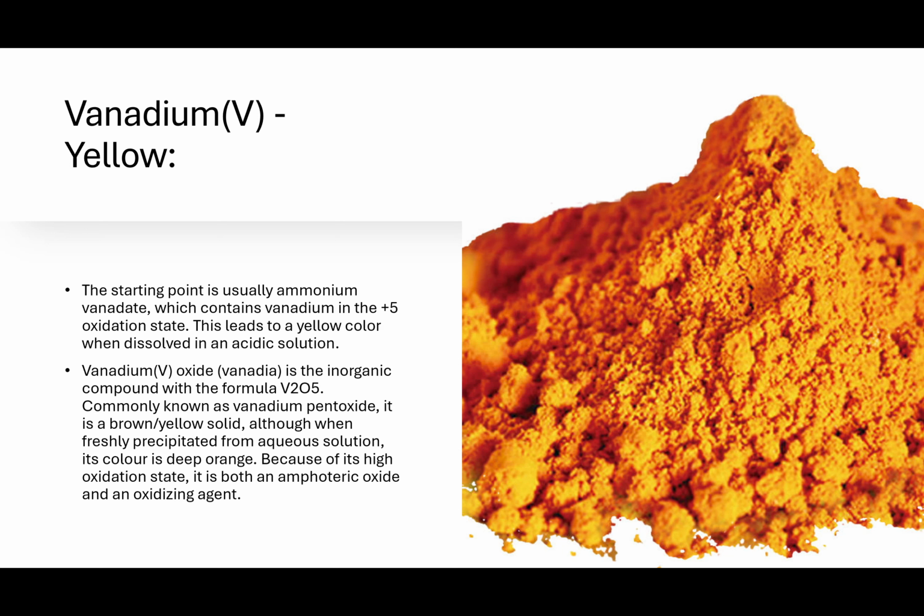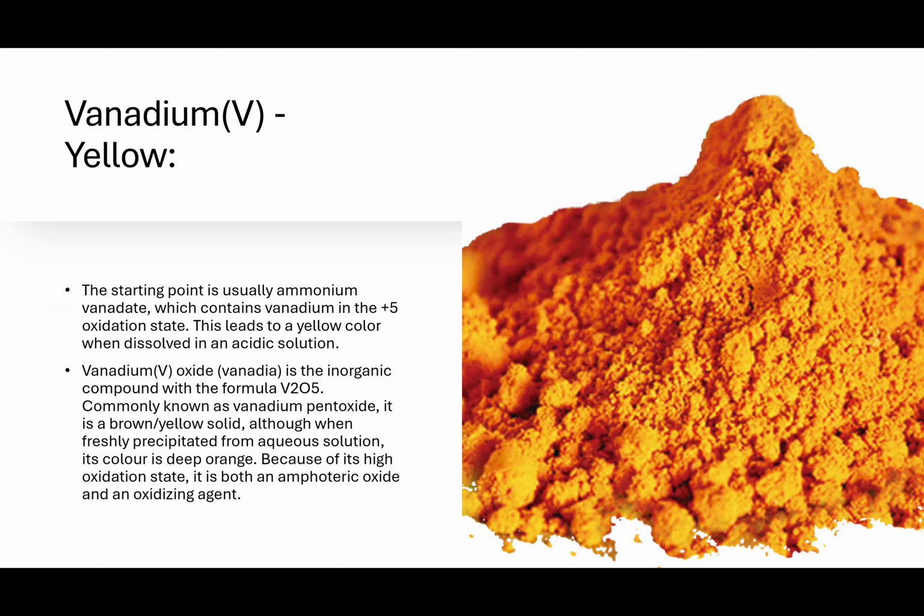Vanadium oxide as well, vanadia, is an inorganic compound with that formula there. This also possesses the brownish yellow vanadium plus 5 oxidation state. So we're just looking at the oxidation state of vanadium, and you need to know the color of each oxidation state.